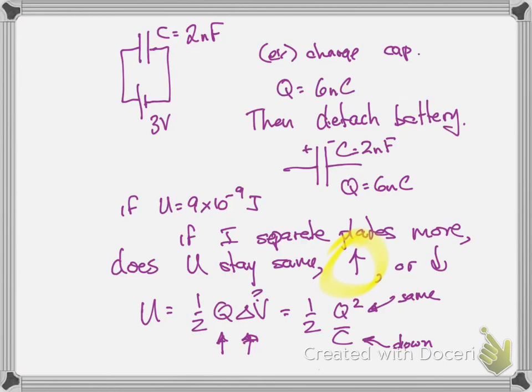So the fact that the capacitance goes down means that the energy goes up. And that also means that delta V goes up. These arrows over here meant this is the same, and this goes up. Those arrows were just pointer arrows as opposed to going up or down. So the potential energy goes up if we separate the plates.